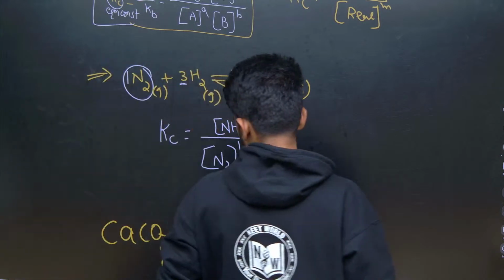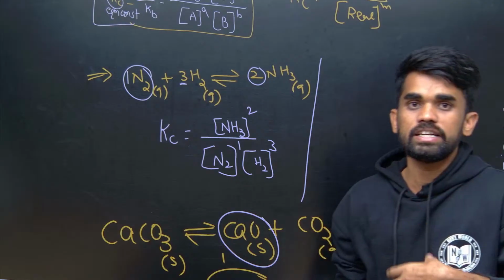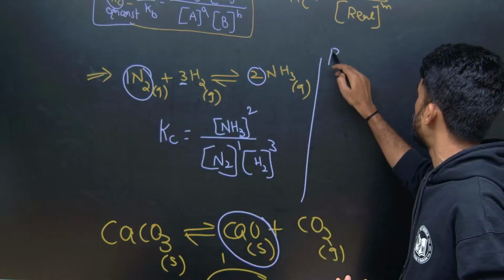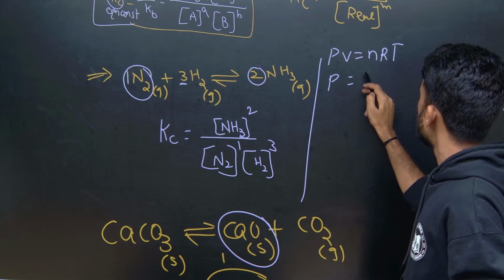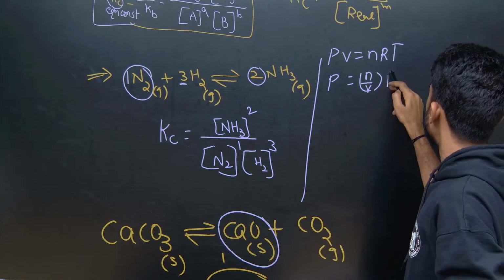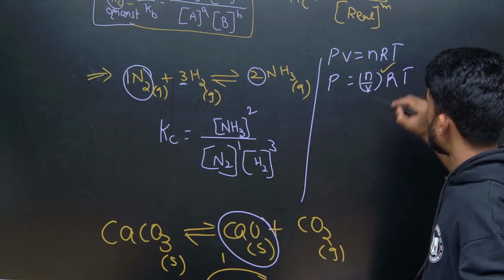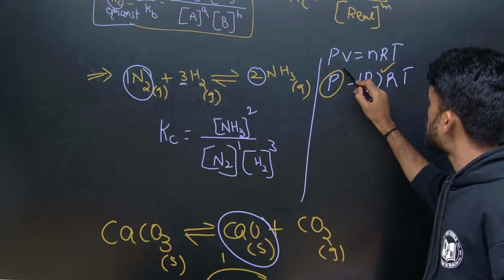Now if I ask you to express the equilibrium concentration in terms of partial pressures, because we know the ideal gas equation PV equals nRT, so P equals n by V times RT. It means we can express equilibrium concentration in terms of n by V, which is molarity, or in terms of partial pressure also.